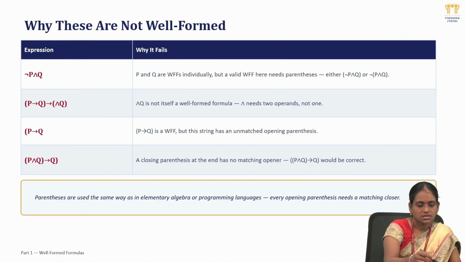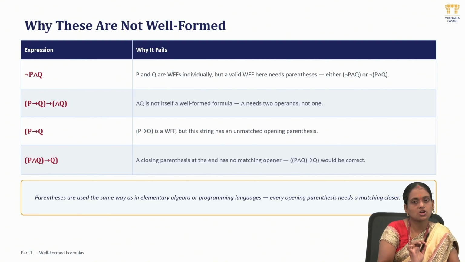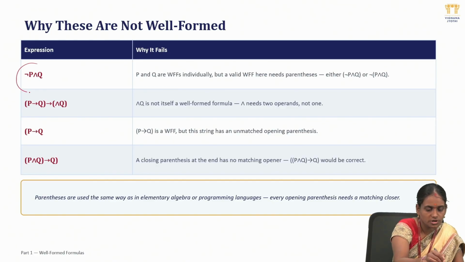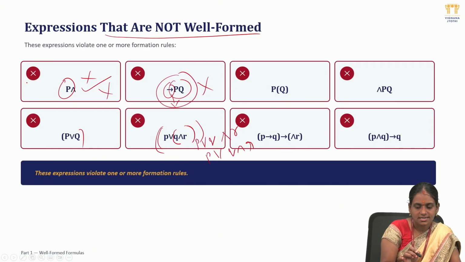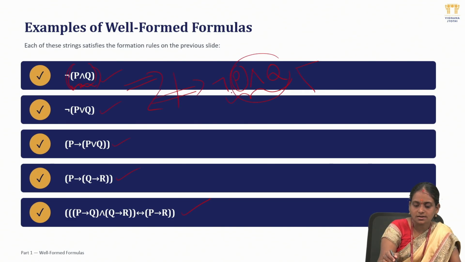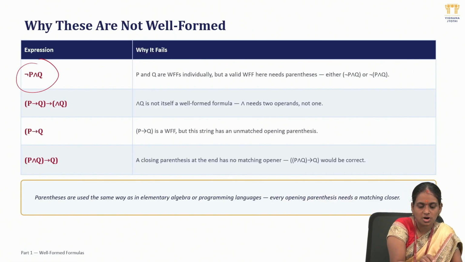And next, here I have given the reasons why we say these are not well-formed formulas. If I observe the first formula, just you can see here, negation. Already I told what the difference is between including parentheses and not including them, and how we give the conventions. The same logic applies here also.